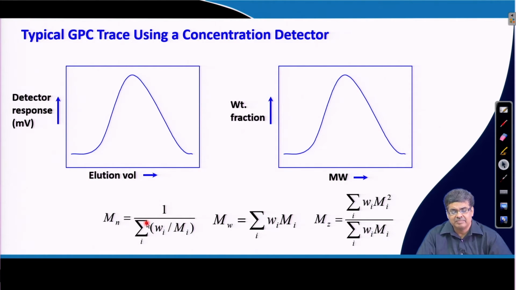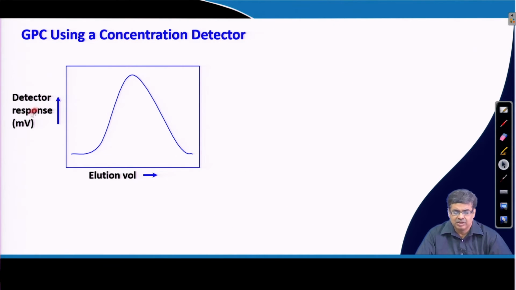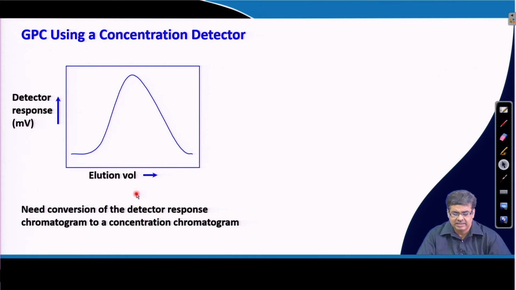So, in practice in software it is not the summation; this is done by using integration, so that the values can be obtained by integration of these quantities. So, we need to convert the detector response to weight fraction response and elution volume to the molecular weight, as I discussed in the last slide.